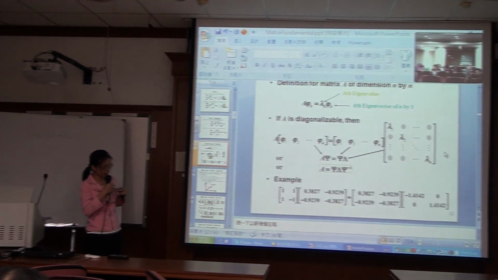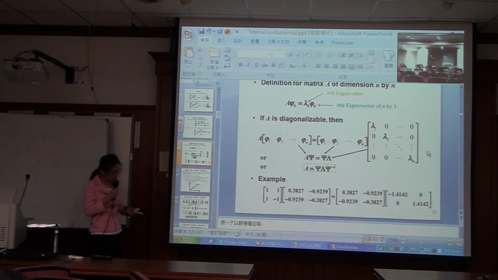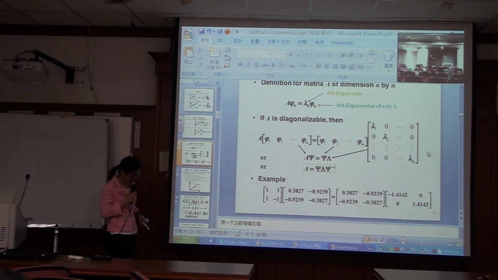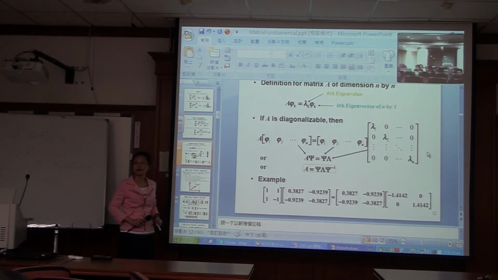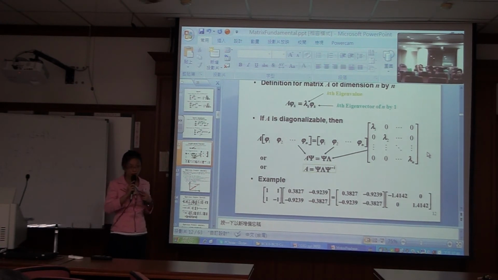Okay, and the eigenvectors, are they the column vectors or are they the row vectors? Of which one?